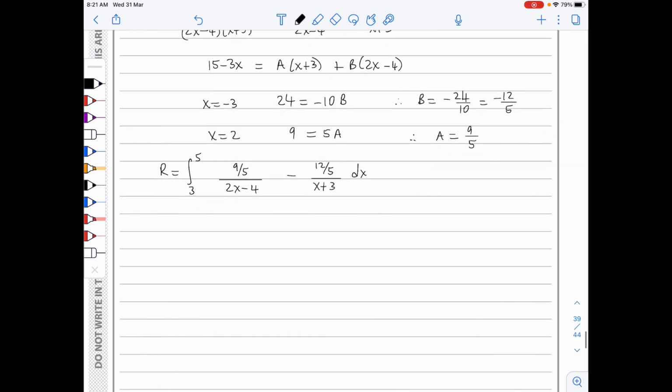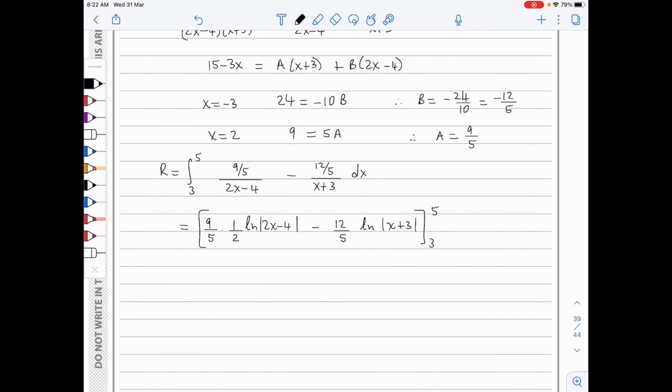Now this will be giving me ln's, so we've got 9 over 5 ln of 2x minus 4 over 2, I need to divide by the derivative of the bracket, minus 12 over 5 ln of x plus 3, and the derivative of x plus 3 is 1, from 3 to 5.